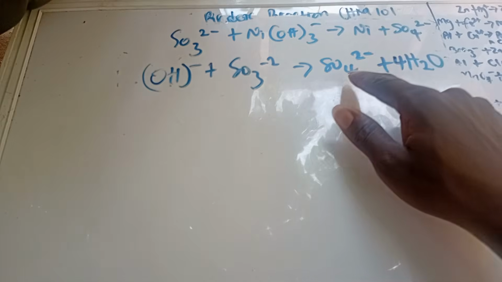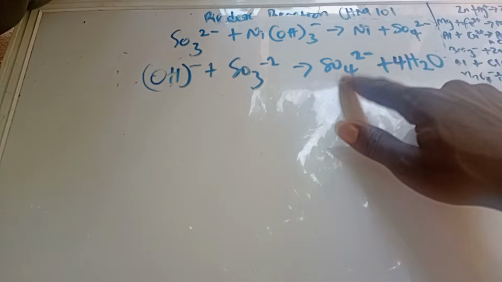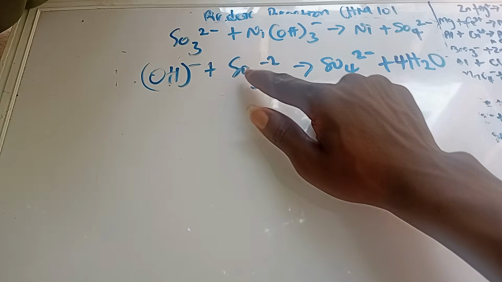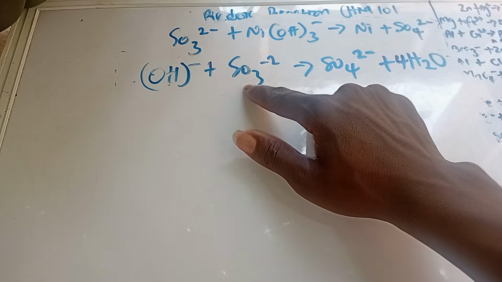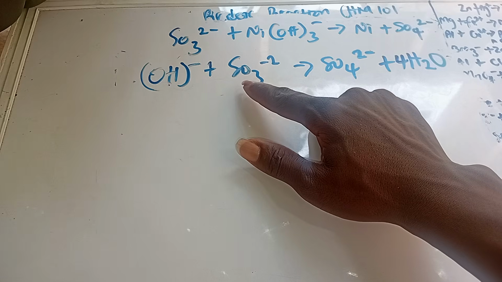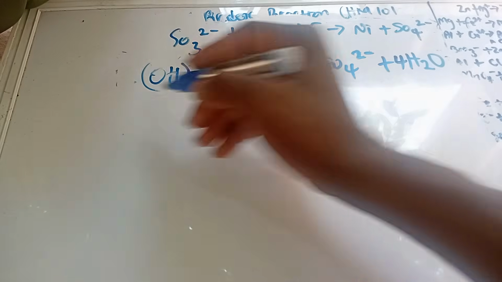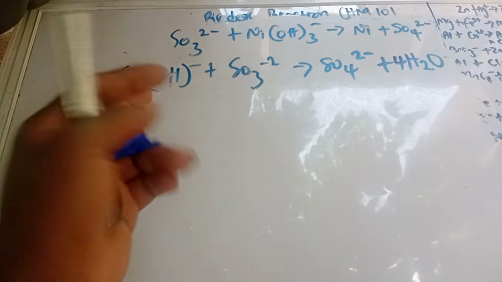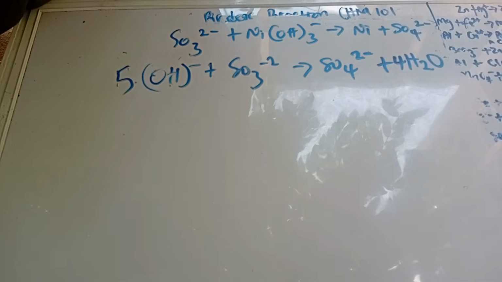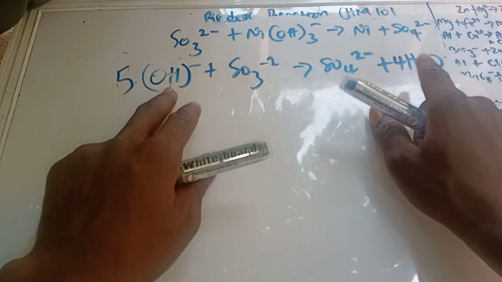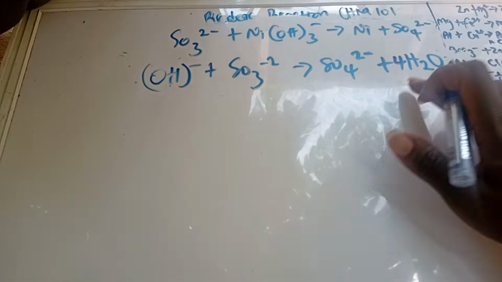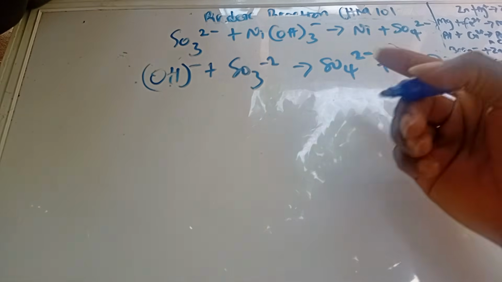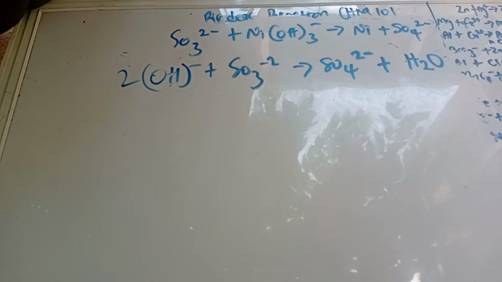Here we now have 8 oxygen and 8 hydrogen. How many oxygen do we have here? 3. Now you can see, in fact, this one will not even work, because if you put 5 here, they will be having 5 hydrogen, and nowhere can you make the hydrogen balance. Just think. So here we have 2. So it's balanced that way.